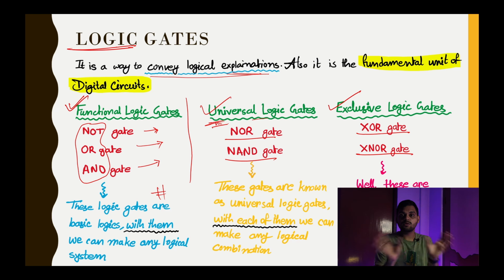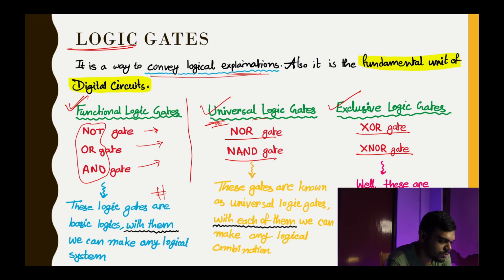You don't need both of them. You can just use one and create any logical explanations out there. If you use NOR, you can create any logical explanations, and if you use NAND, you can also make any kind of logical explanations. And there are exclusive logic gates. These are just versions of exclusive OR and exclusive NOR.